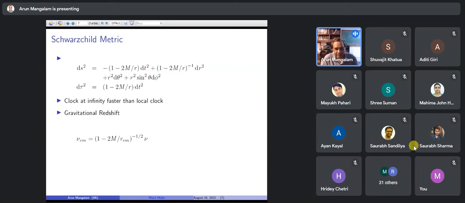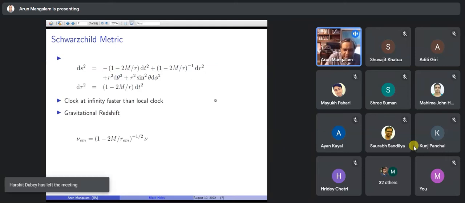behaves. It's a spherically symmetric metric. And it has ds squared equal to (1 minus 2m by r) dt squared, and then there is another term. What's important is that if you look at the static part, that is, you put dr, d theta, d phi to 0, then you can see that there is a relationship between proper time and the time of the local clock.